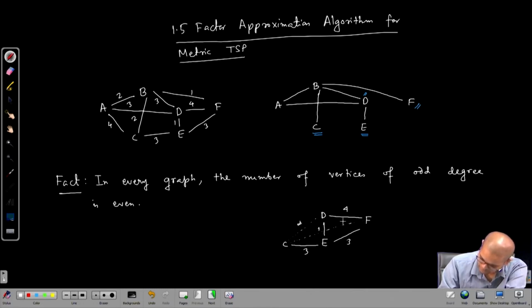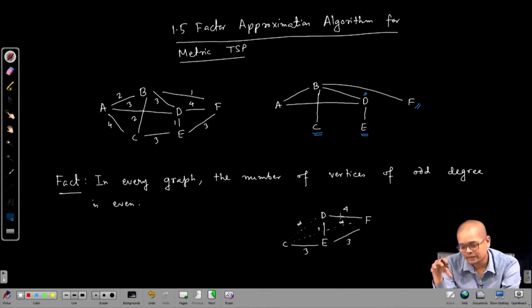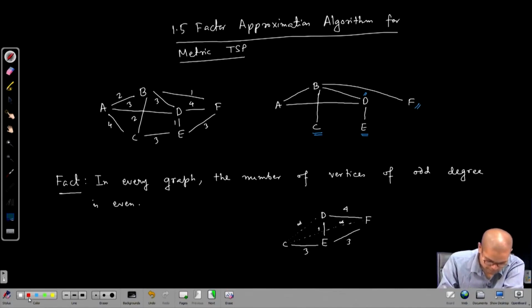So, in this graph, because it is a complete graph and I have an even number of vertices, there always exists a perfect matching. What I pick is a perfect matching of minimum weight. So, a minimum weight perfect matching for this graph will be CE and DF.